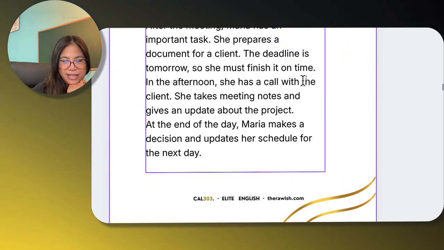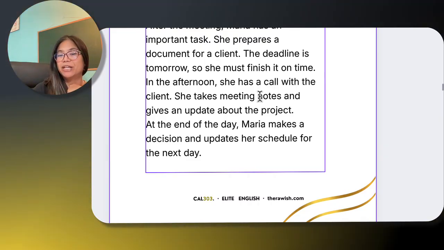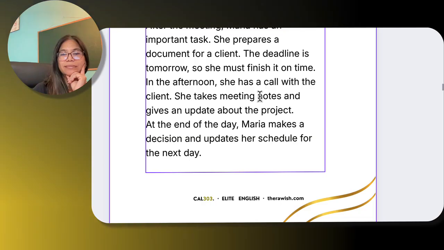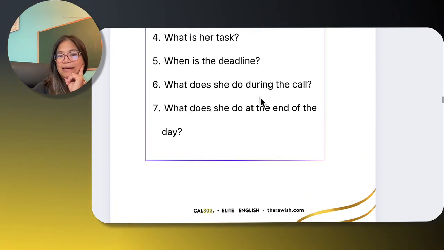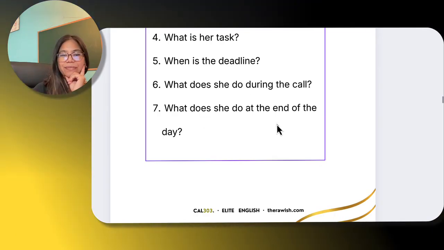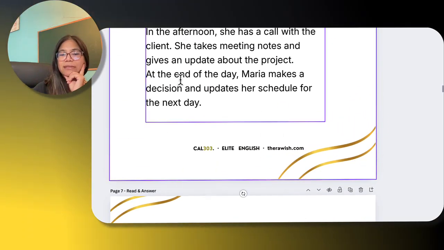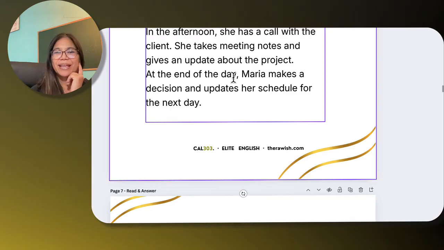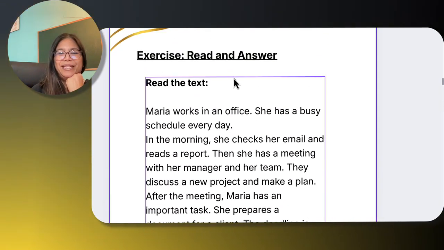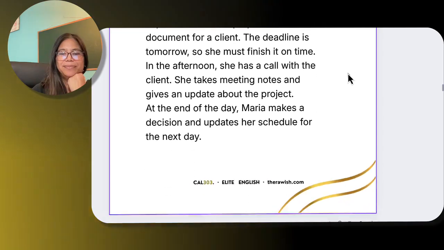She takes notes and gives an update about the project. What does she do at the end of the day? Well, at the end of the day, Maria makes a decision and updates her schedule for the next day. So, there we go. That's that exercise done, completed.